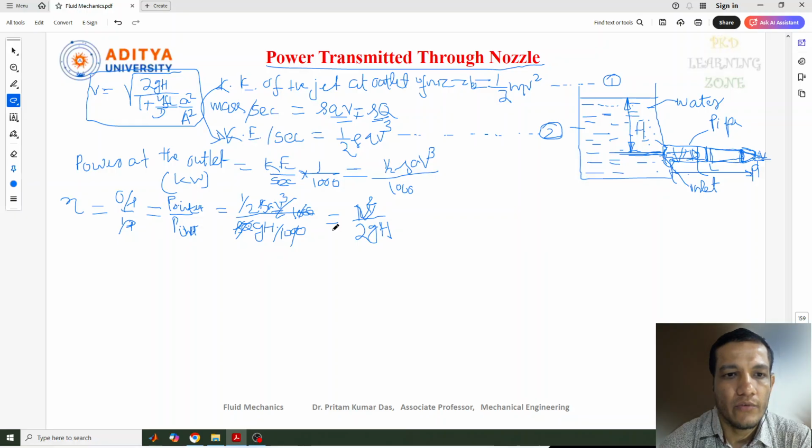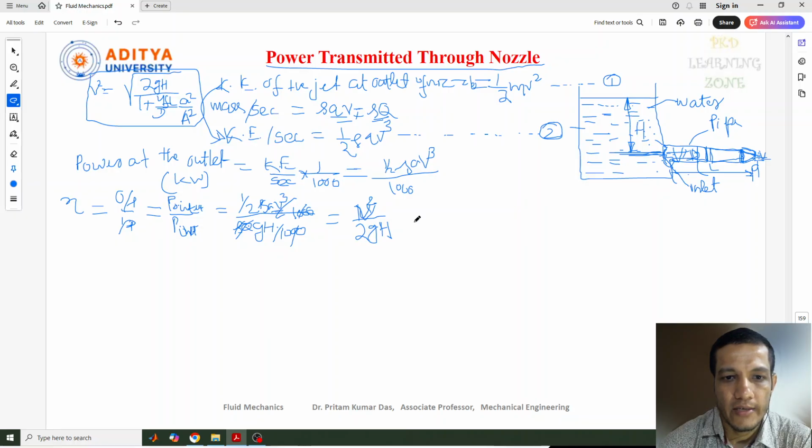Now in the previous equation, what we got in our previous lecture, we have seen this V formula. Since this is V square by 2gH, the root will be gone, and V square by 2gH will be taken to this side.